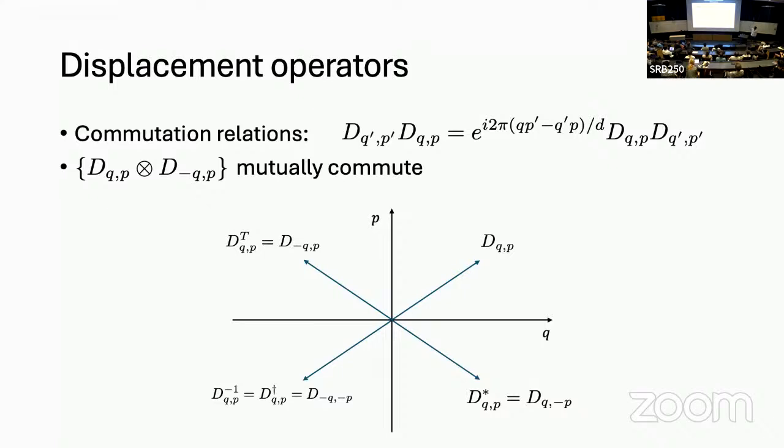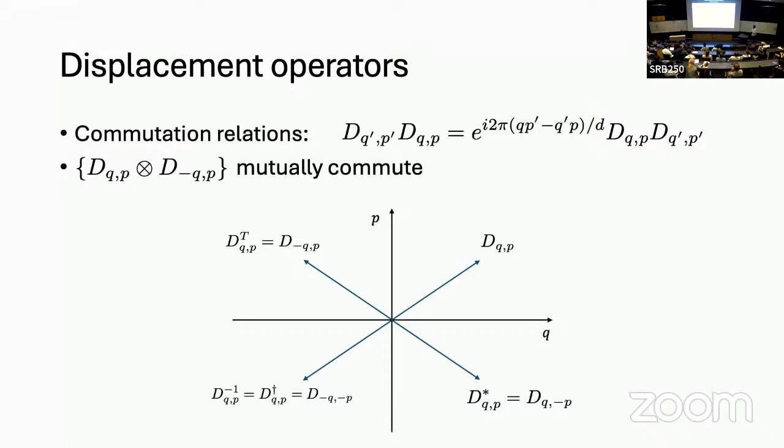And by the way, the thing that goes inside this is called the symplectic product, if people have heard. And so you can imagine these things in phase space. D is like a vector that shifts you, a displacement. And if I shift in that direction instead, that's the transpose of the unitary. And then shifting the opposite direction is the inverse, as you'd expect. And then shifting down this way is the complex conjugate of the unitary. So this is a nice picture.